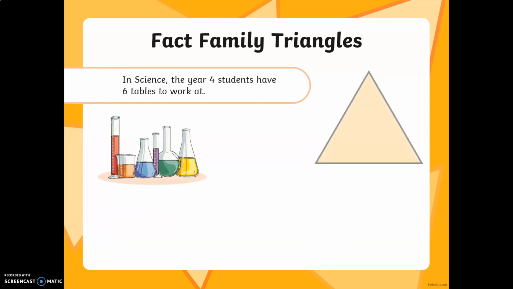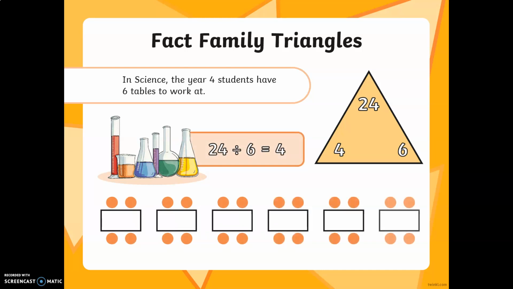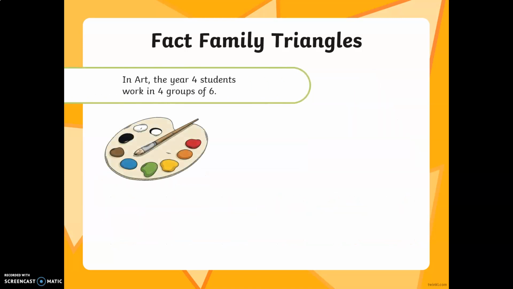In science, Year 4 students have 6 tables to work at. So it would look like this. 24 divided by 6 equals how many in each table? 4. In art, the Year 4 students work in 4 groups of 6.